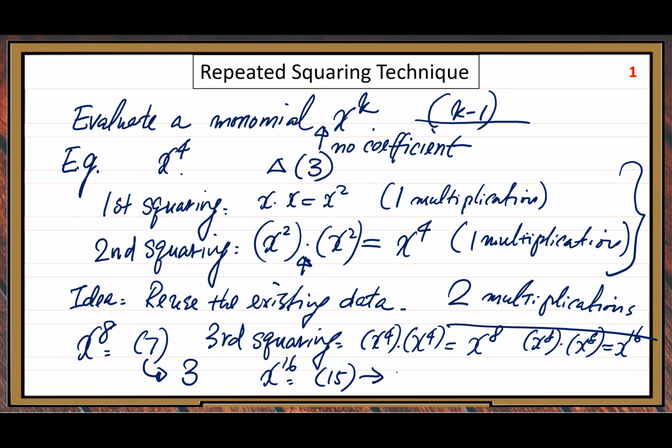So you reduce from 15 to 4. The difference becomes bigger and bigger. How about this method?